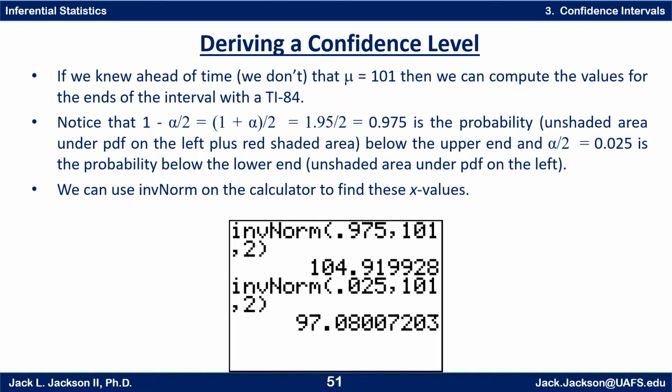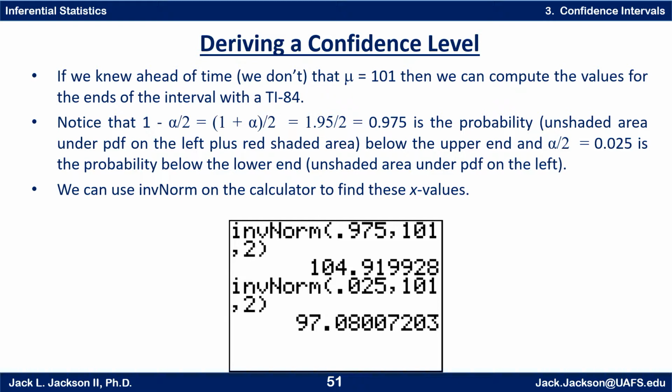This is the probability, the unshaded area under the PDF on the left, plus the red shaded area that's below the upper end. And alpha over 2, which is just 0.025, is the probability below the lower end. Another way to see that is it's 1 minus the confidence level, and then divide by 2.